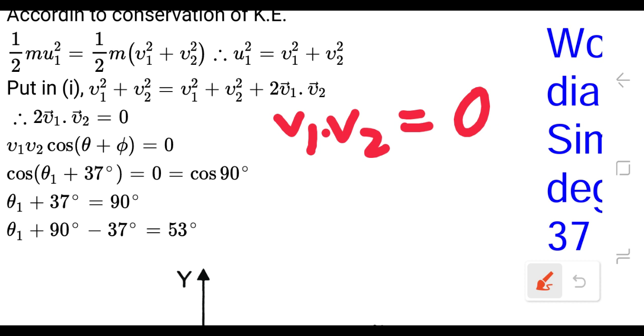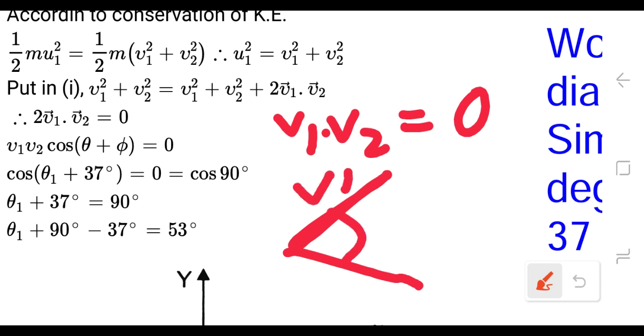So what does it tell us about the angle between v1 and v2? If the dot product of v1 and v2 is zero, what will it tell us?